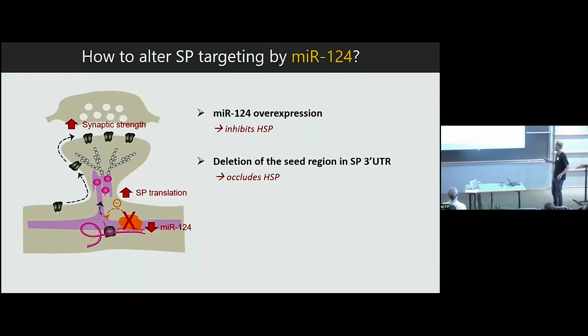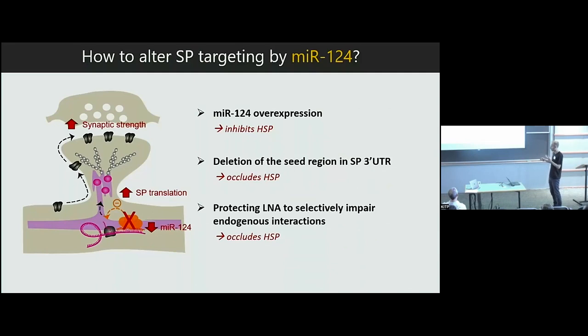The final approach was to introduce locked nucleic acid sequences in neurons to selectively impair the endogenous interactions. I think this is the most direct approach. Those locked nucleic acids bind the 3' UTR of synaptopodin and prevent the interaction with miR-124. And we found again that this occluded the homeostatic response.